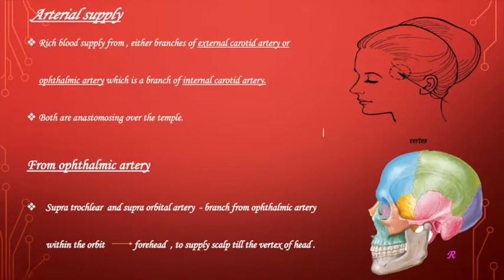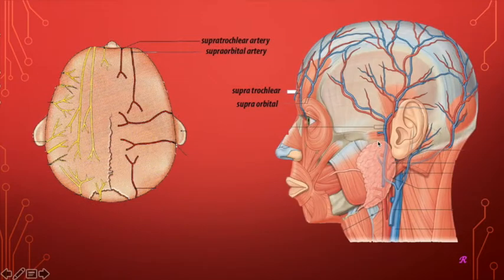In this picture, you can see this point. This is the vertex of the head. So, the supratrochlear and supraorbital arteries will supply the scalp from the forehead till the vertex of the head.